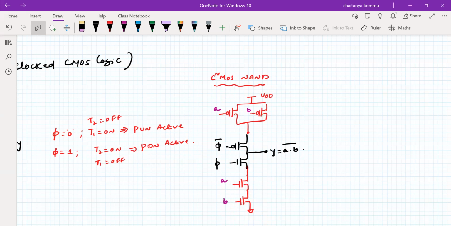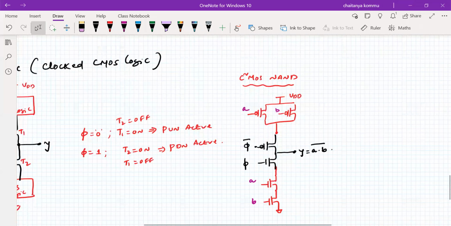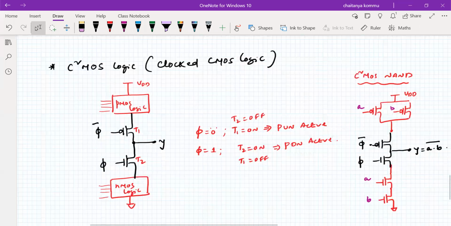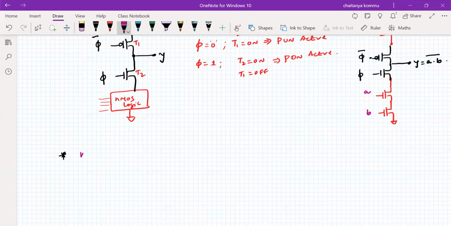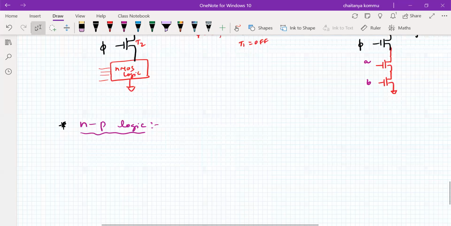The last one is the alternative NP-CMOS logic, NP logic. Please go through it in the textbook, otherwise I will discuss it in the next class. We have to consider dynamic logic circuits only. I think it is better to take a figure and do it here.